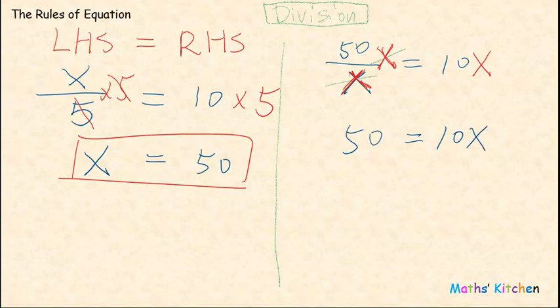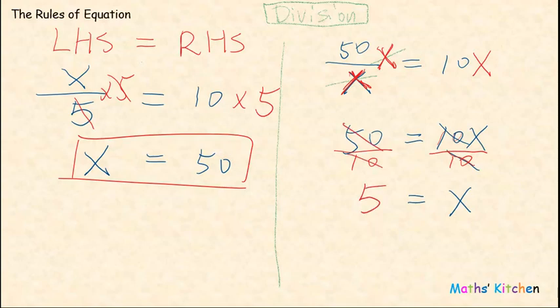Now, you can see there's a 10 around the x. We need to remove this 10. Simply divide by 10. Now, 10x divided by 10, 10 has been cancelled. Now, x is the only thing left over. Now, because right-hand side, you divide by 10, that's why left-hand side, you must do the same thing, divide by 10. 50 divided by 10 is 5.